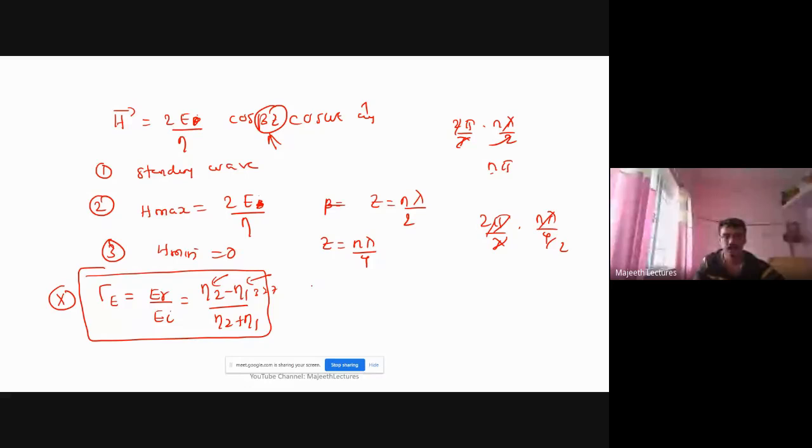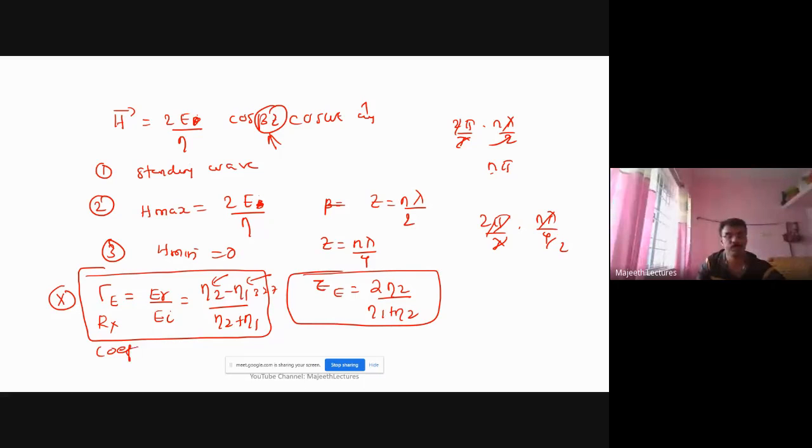Next, transmission coefficient. The transmission coefficient tau of electric field is given by 2 eta 2 divided by eta 1 plus eta 2. This is the reflection coefficient. This is the transmission coefficient.